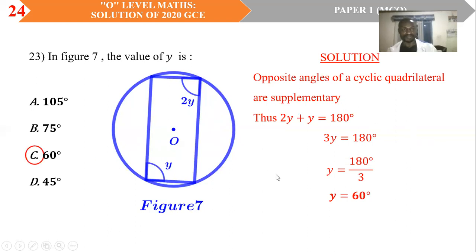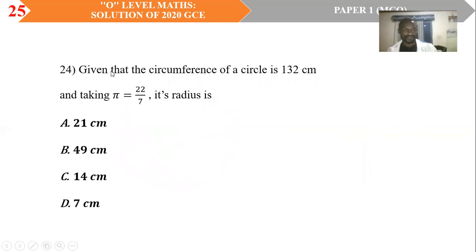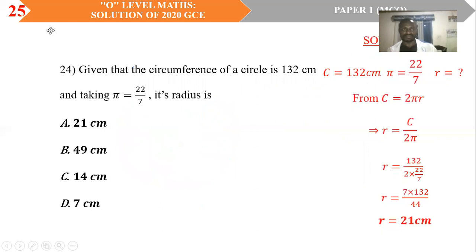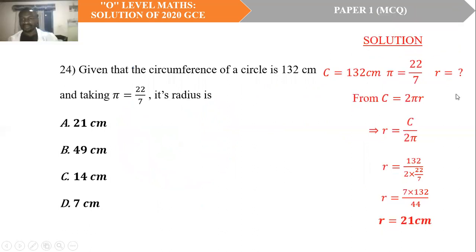Answer C. Question 24. Given that the circumference of a circle is 132 centimeters, and taking pi to be 22/7, its radius is... Solution. Circumference is 132 centimeters, pi is 22/7, radius is question mark. Circumference is given by 2 pi radius.